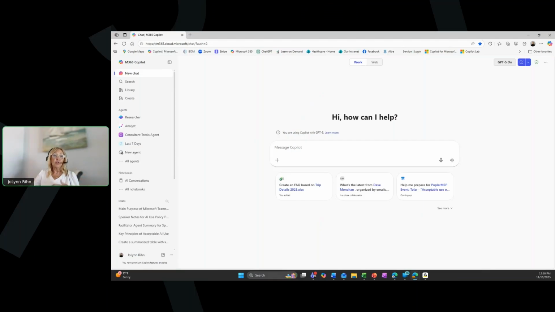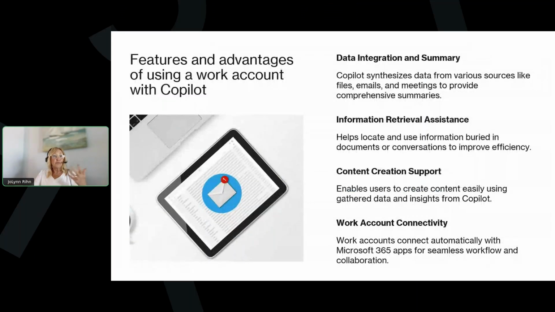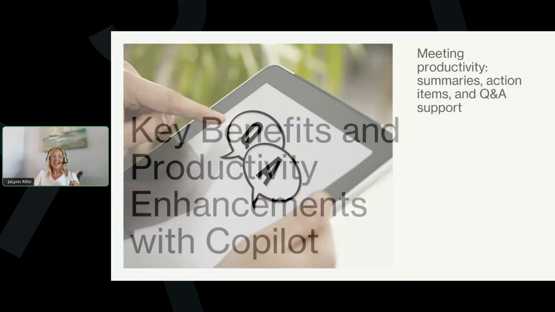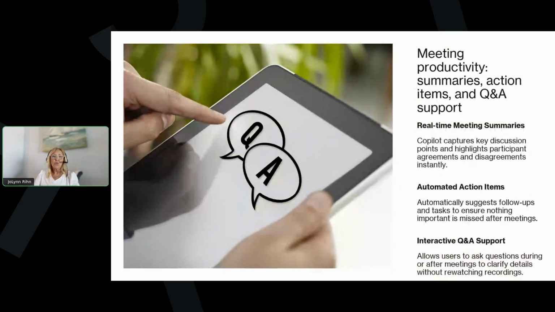I'm going to come back and talk a little bit more about, of course, some different aspects that we have and some other benefits first, and we'll dive into some examples in between some of these key benefits and productivity enhancements we have within our Copilot. So when we start talking about utilizing Copilot, we could use it for so many different things.